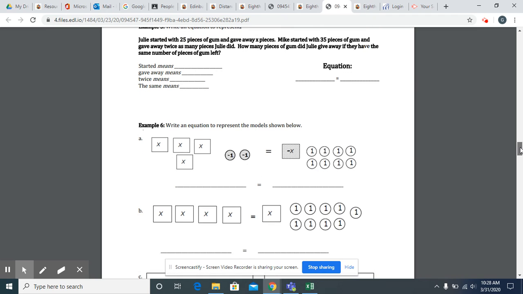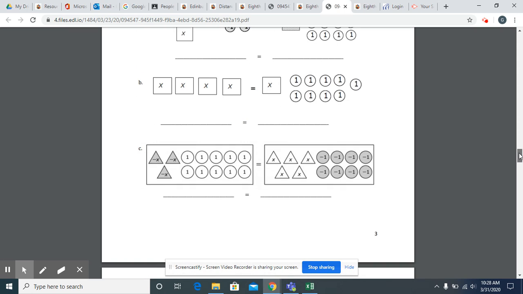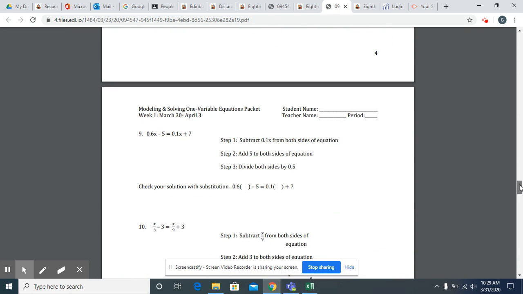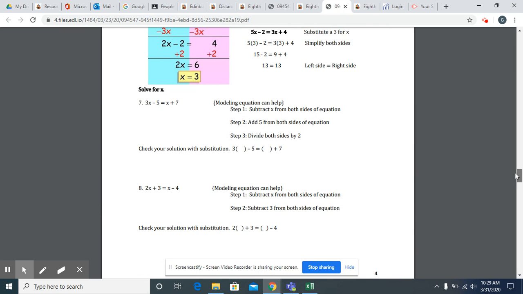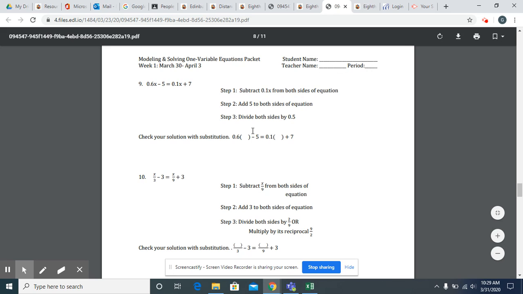So you do have examples, several different examples. Some of them you will have representations like this one, and some of them you'll actually have to read. And once you get down to number 9, is when you'll actually start doing this part on your own.